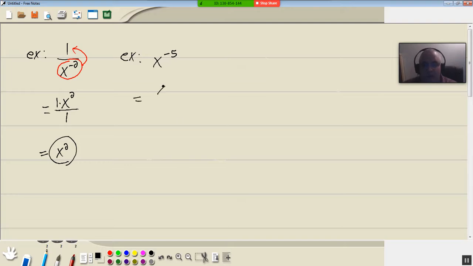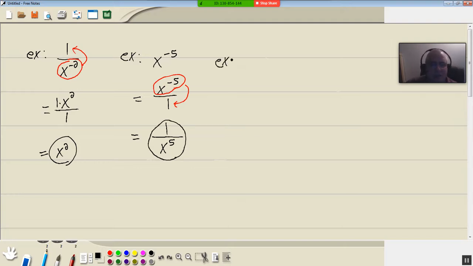In order to do that, you have to create a fraction. So I put the x to negative 5 over 1. Now we're going to move the part with a negative exponent opposite of where it's at in a fraction. So I'll take this x to negative 5th and move it down below. Remember, when you move anything opposite where it's at in a fraction, the sign of the exponent changes. So it becomes x to positive 5. And we never leave that blank, so you put a 1 there.